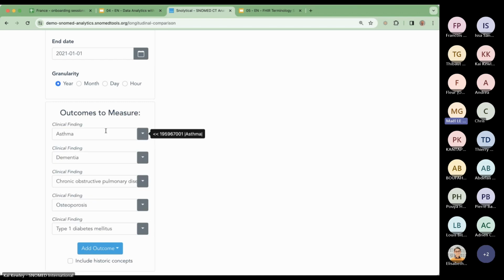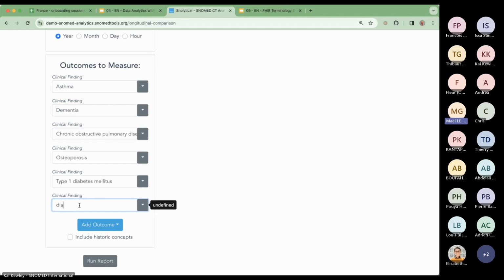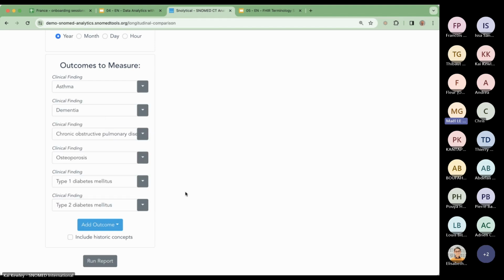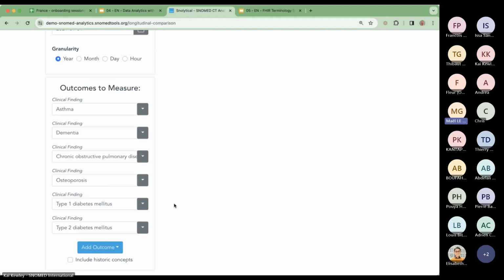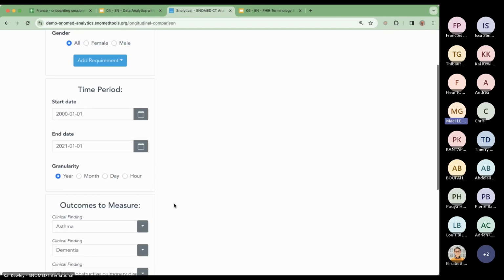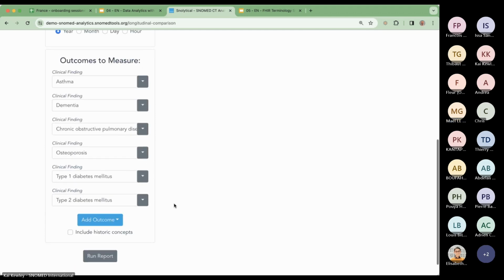Remember we talked earlier about inactive concepts, and I said if you're recording data over many years, it's very likely that you're going to have patient records that have inactive concepts in them. When you're doing a longitudinal study like this over a 20-year period, it's absolutely essential not to rely on the hierarchy to find all types of asthma, because the inactive concepts are no longer part of the hierarchy.